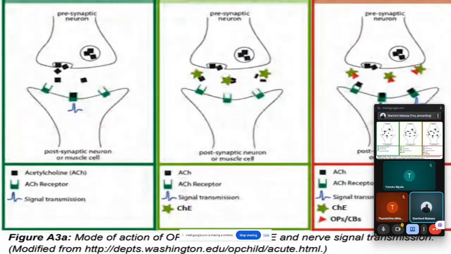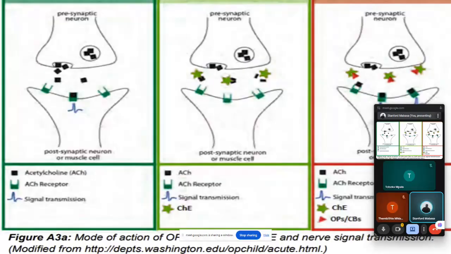Then in the middle, we have got acetylcholine and the enzyme, acetylcholine enzyme, which actually reduces the levels of acetylcholine.